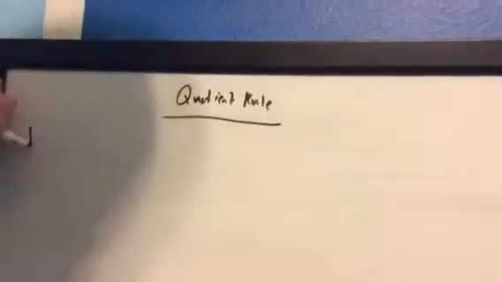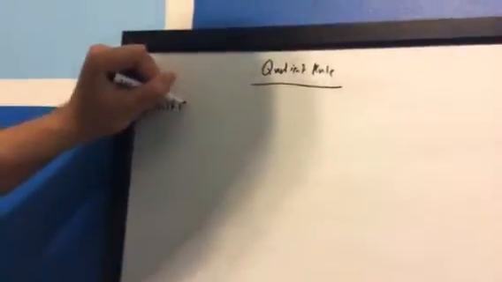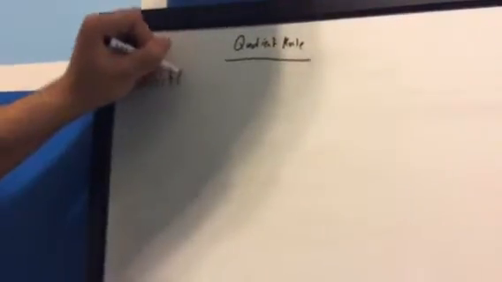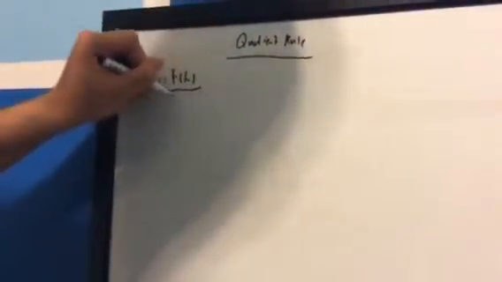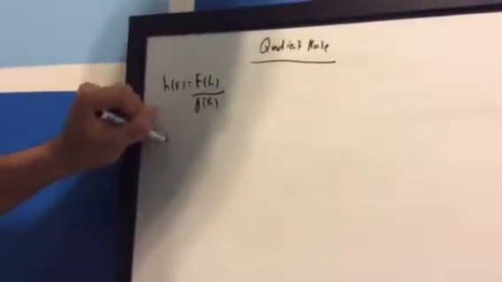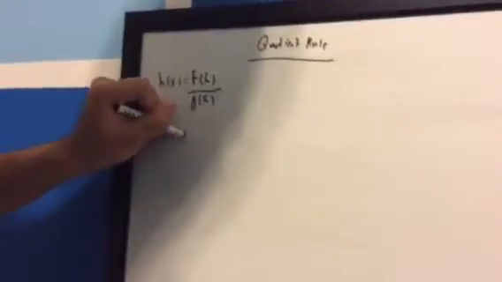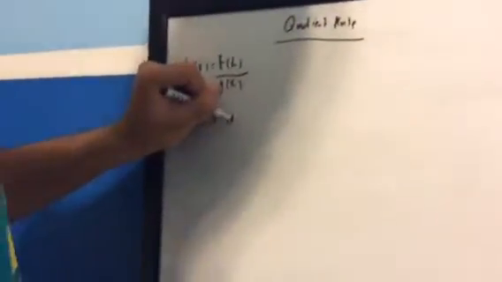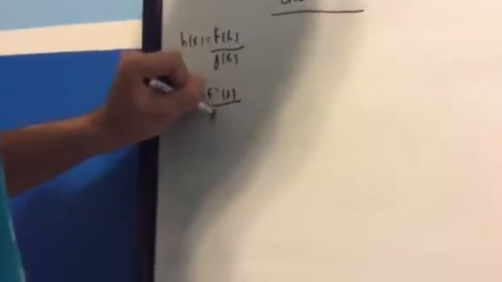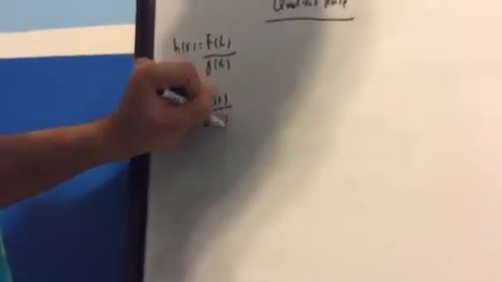Quotient rule. Okay. So let's say h of x is equal to f of x divided by g of x. You might be thinking the same way as you did before, that the derivative of h of x is equal to the derivative of f of x divided by the derivative of g of x.